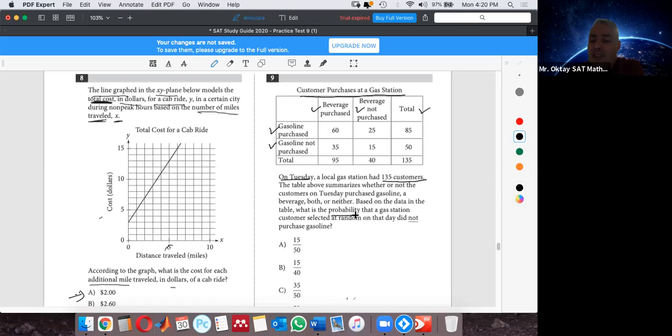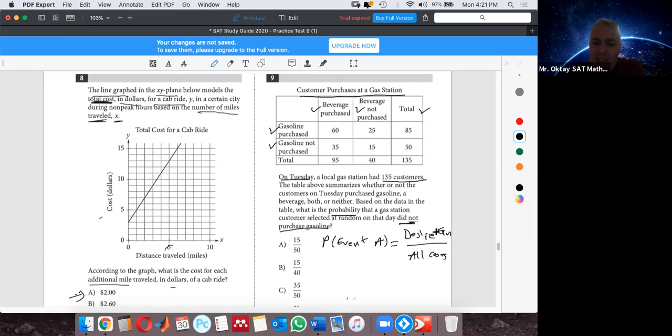Based on the data in the table, what is the probability that a gas station customer selected at random on that day didn't purchase gasoline? Now be careful. What is the probability of any event? Probability of event A is the number of desired events divided by the number of all the cases.